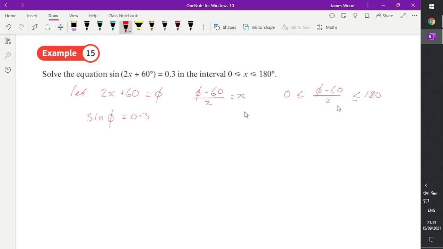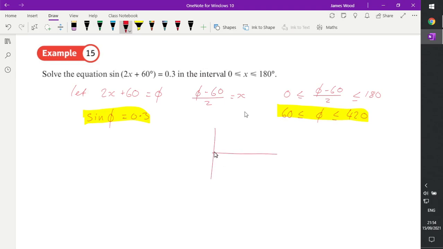And now what I need to do is times it all by 2 and then add 60. So this is going to become 60, and this will become 180 times 2, and then add 60, so that'd be 420. So this is my new question: solve sin φ = 0.3 between 60 and 420.